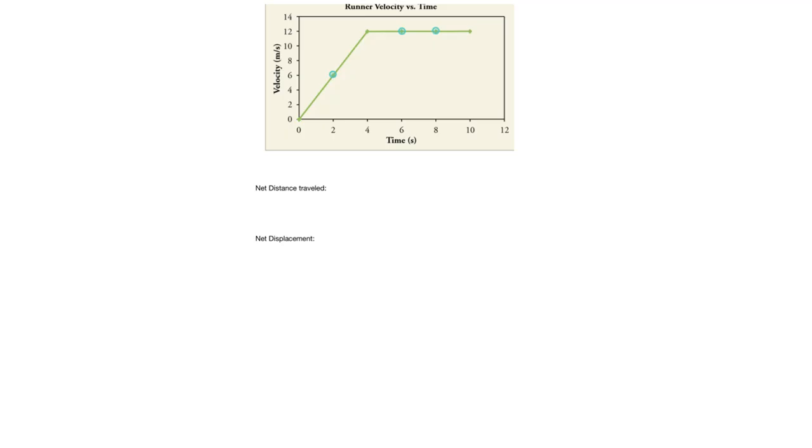What's the net distance traveled for this entire trip? I don't know. That looks like it's 10.3. I'll give you a graph line, a grid, so you won't have to worry about that. Okay, so we're going to have to find the area of that triangle, the area of this rectangle, and add them.